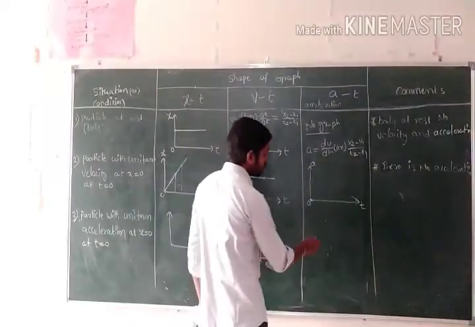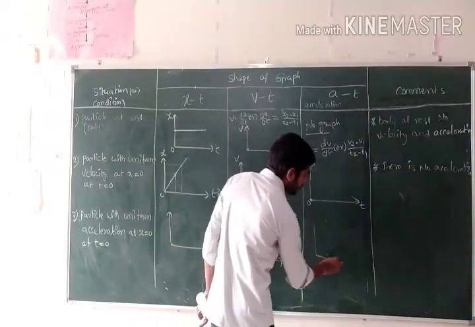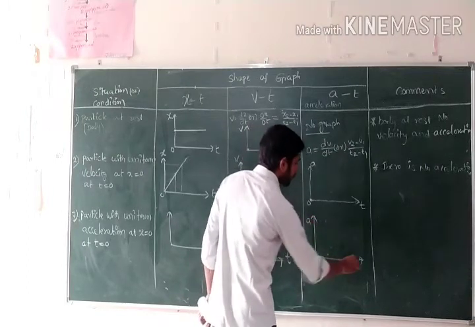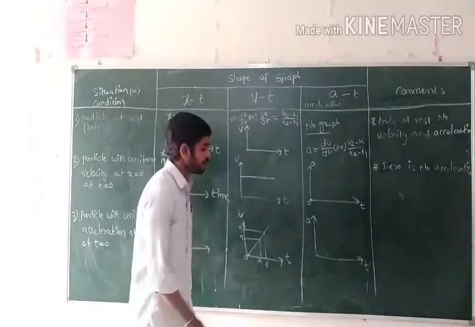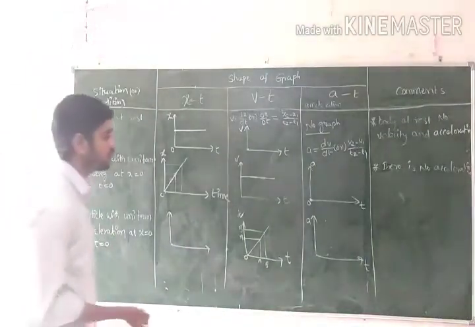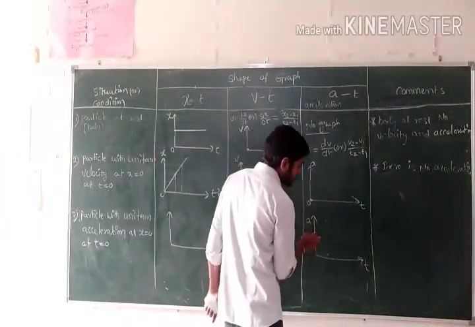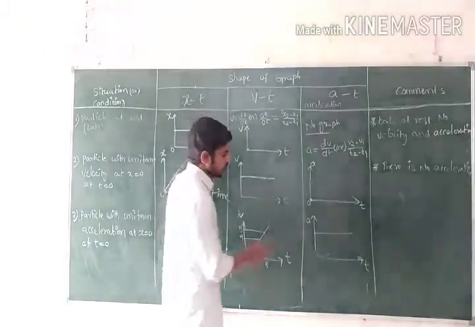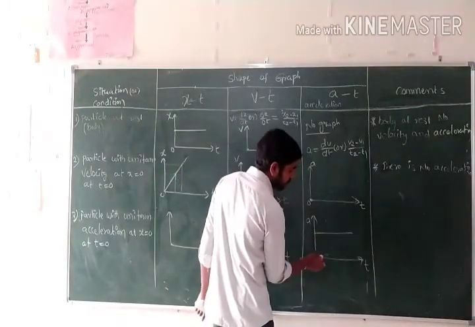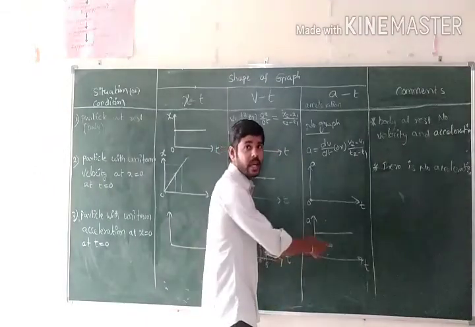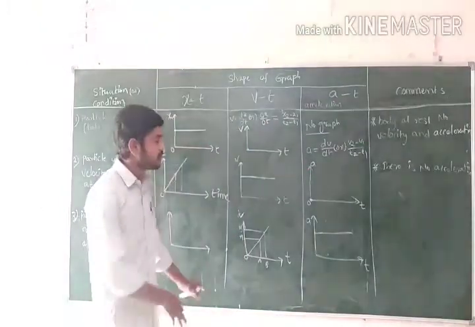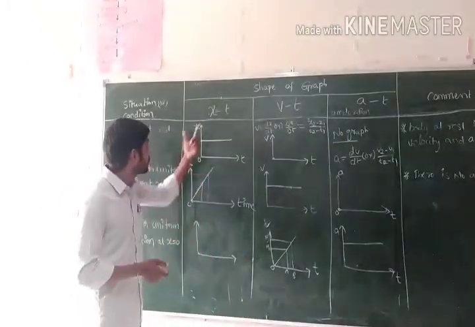Now the same for acceleration versus time. If you draw the acceleration versus time graph in the case of uniform acceleration, we know the acceleration must be constant. Find out at any point, the acceleration is constant while changing the time. Okay, we also have to derive displacement versus time.